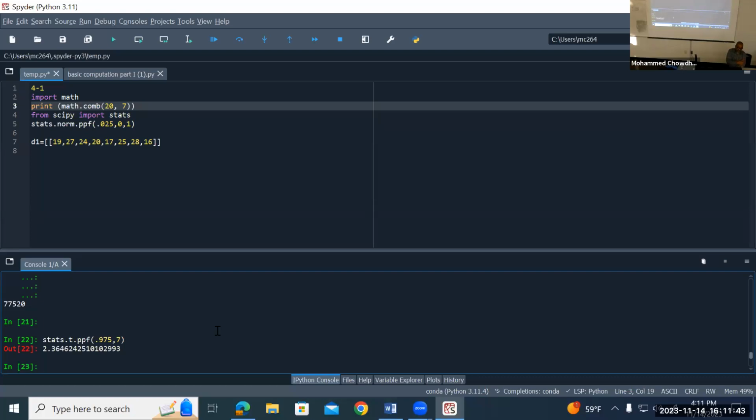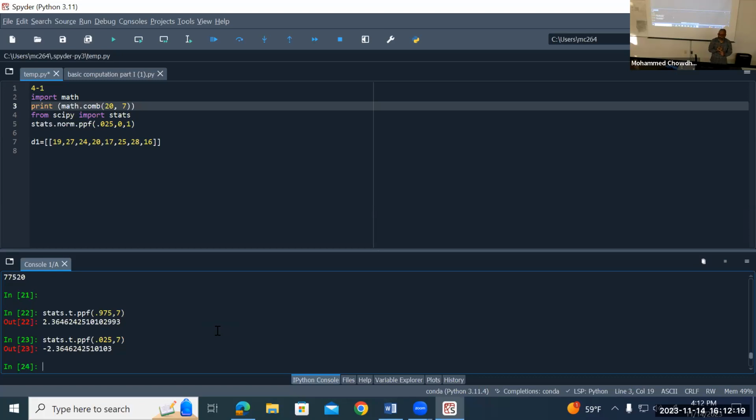Result is 2.36. Understand? Or result would be negative 2.36. Are you seeing symmetric value, right? Clear, right? So two confidence intervals we have learned. One uses Z when sample size n is greater than 30.